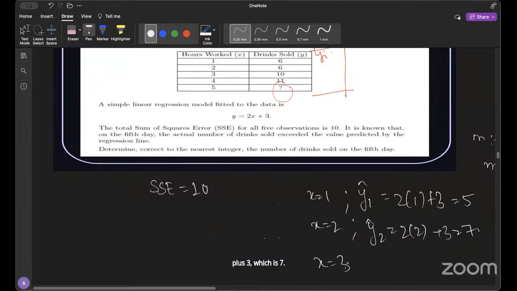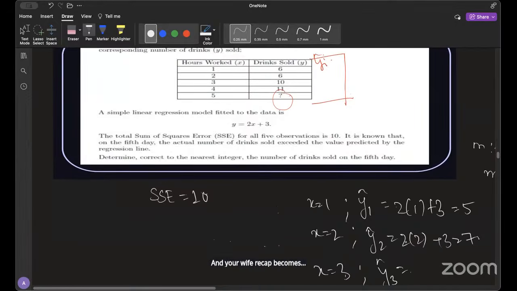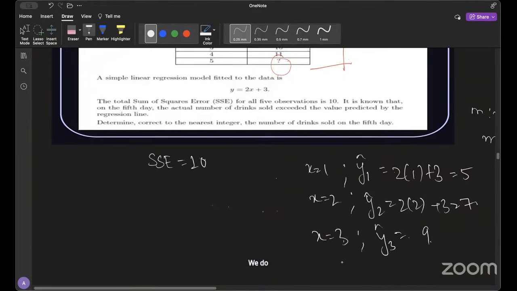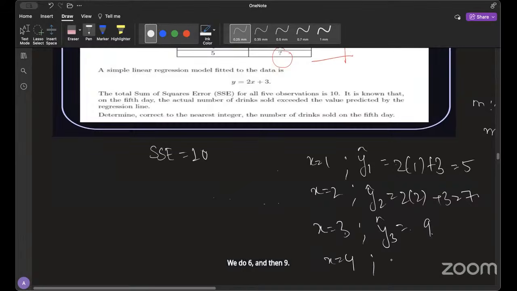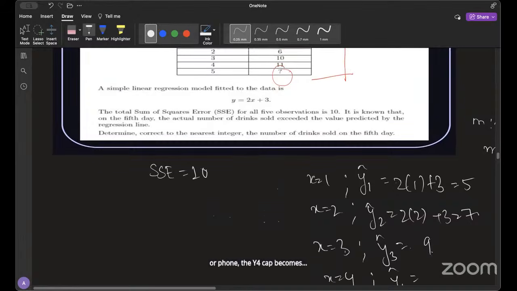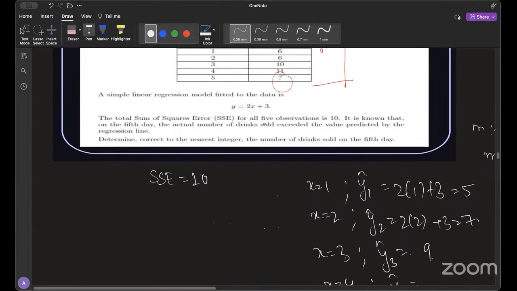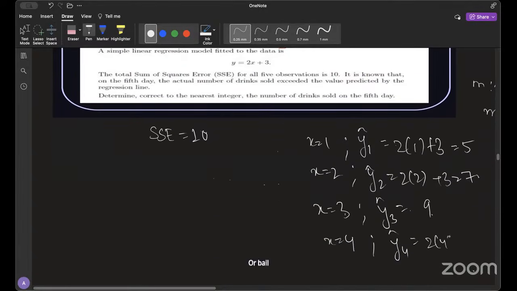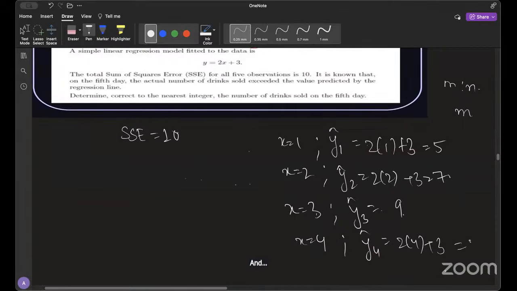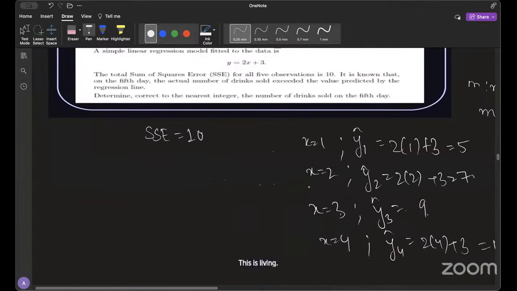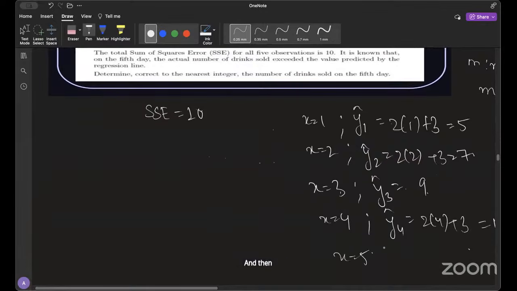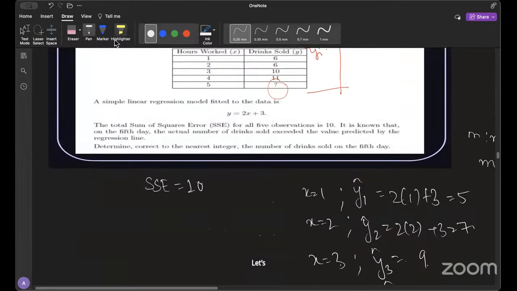Then you put 3, and your y3 cap becomes 2 times 3 is 6, plus 3, which is 9. For 4, the y4 cap becomes 4 times 2 plus 3. This is 11. And then for x equals 5, your y5 cap becomes, let's use a notation for the missing value, let's call it k.